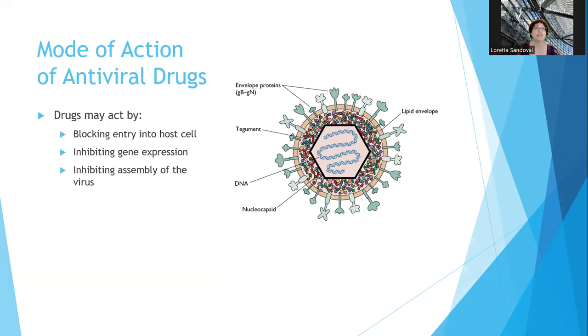Antiviral drugs can act in different ways. They can block entry into the host cell, they can inhibit gene expression, or they can inhibit the assembly of the virus in some manner. Antiviral drugs usually have to be specific to the virus that they're trying to fight. Currently there are antiviral drugs available for flu viruses.